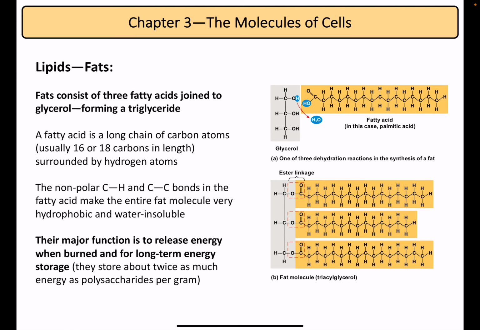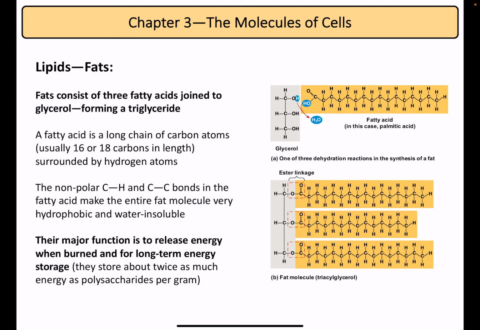Okay, it's linear. So if you have many saturated fats together, they all pack really closely to one another like a stack of papers. And they don't move as freely at higher temperatures, so it takes a lot of heat, a lot of energy, a lot of temperature increase to get them to transition into the liquid state. So that's why they're generally solids.